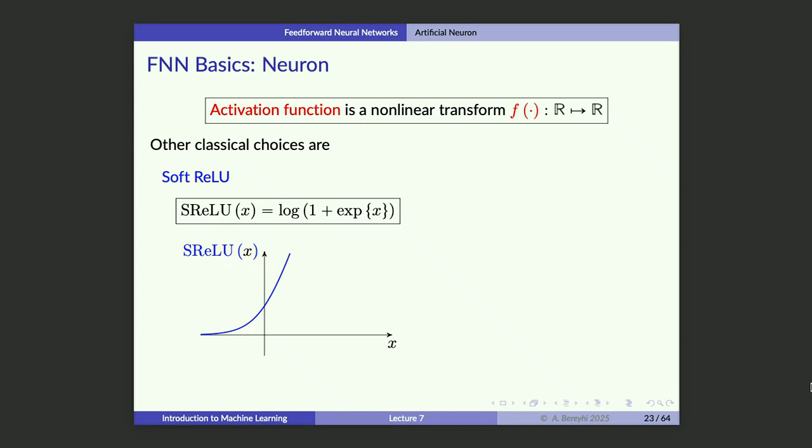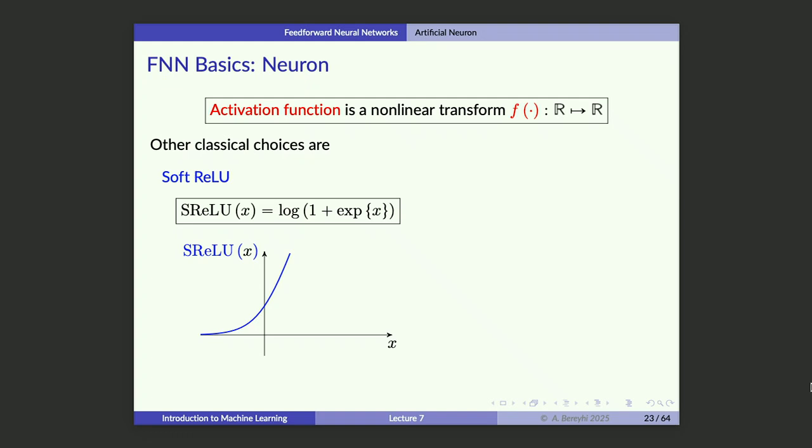Essentially, this is the smooth version of the ReLU function, because you look at that expression here. If I keep x very large, then this is going to be log of 1 plus e to the power of something large, right? And then I can drop that 1. Approximately that is e to the power of x, right? And the log of the exponential function is the exponent itself, right? So when x is very large, that is linear, correct? And when x is very small, then 1 plus e to the power of that thing is pretty much 1, since e to the power of a very negative number is roughly 0.